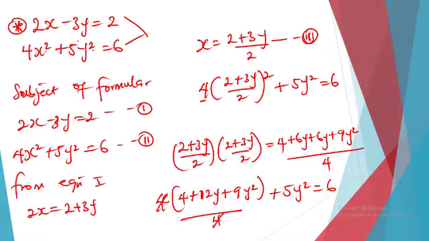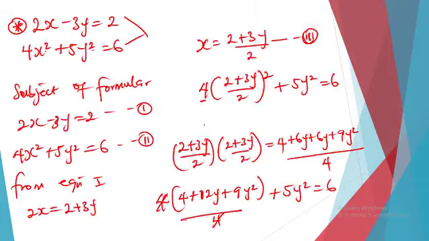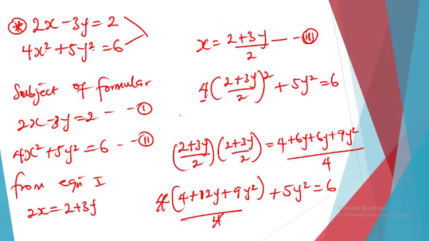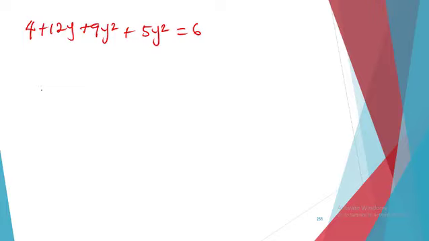We have 4 plus 12y plus 9y squared plus 5y squared equal to 6, right? So by collecting like terms, we then have 4 plus 12y, 9y squared plus 5y squared will give us plus 14y squared to be equal to 6.